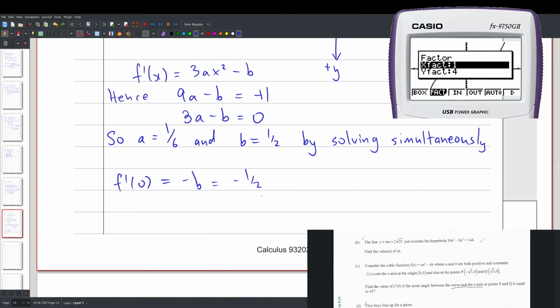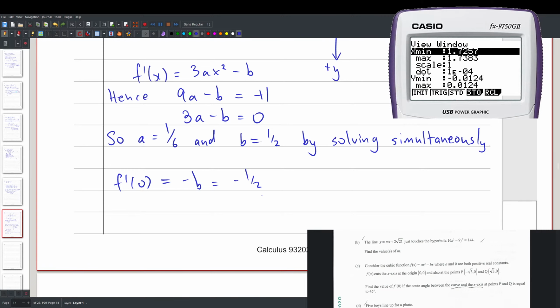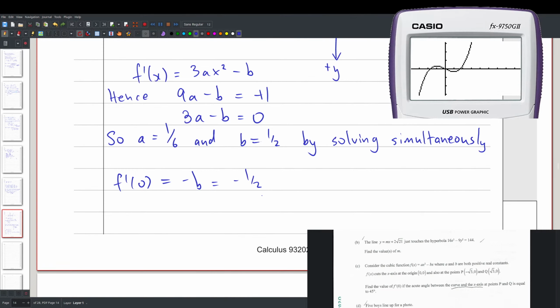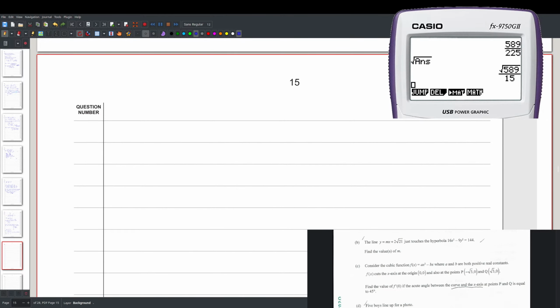So if you zoom in a lot around here, zoom in, zoom in, zoom in. Right, you can see it's basically 45 degrees. So yeah, seems legit. Alright.